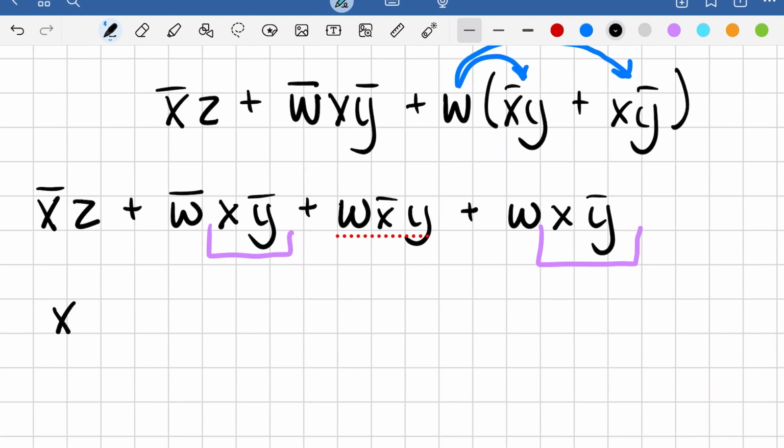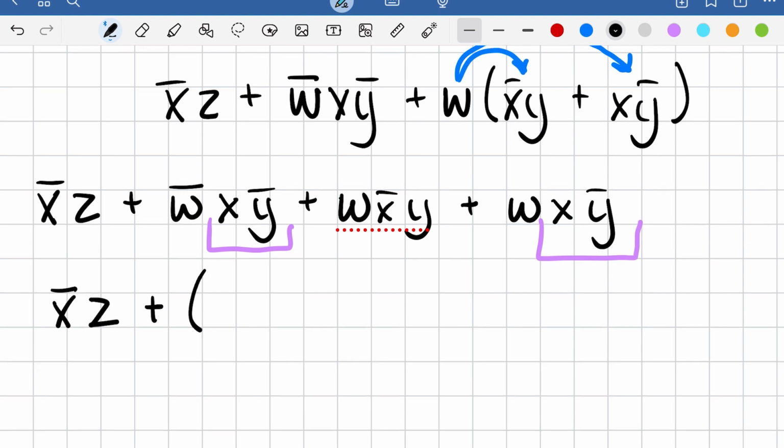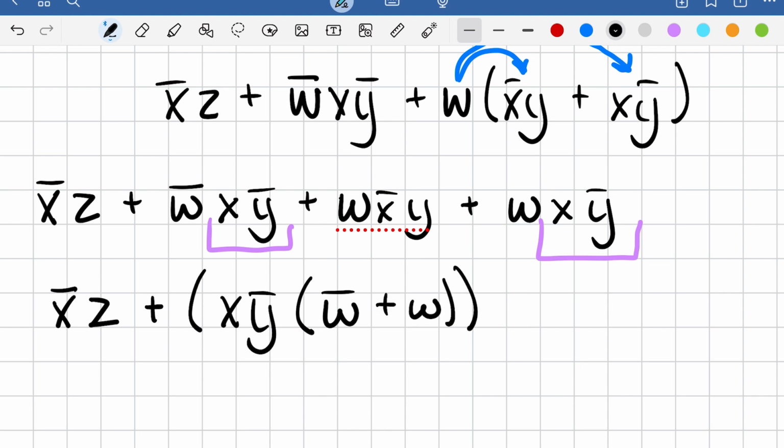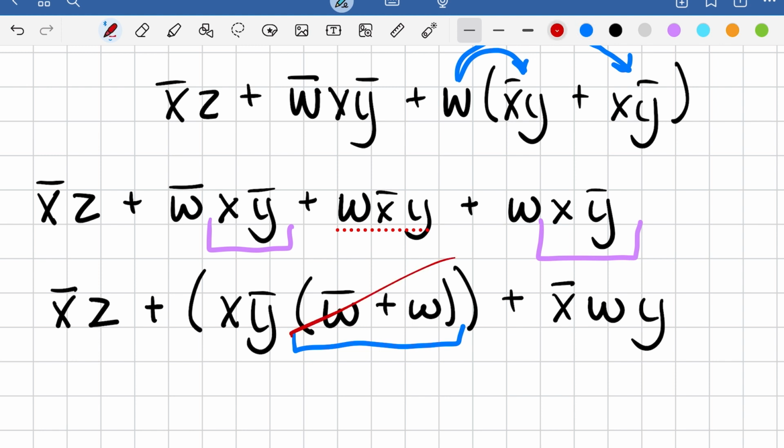So we have x prime and z, or x and y prime, and then w prime, or w, or x prime w y. So this here is just equal to 1. So this actually cancels out.